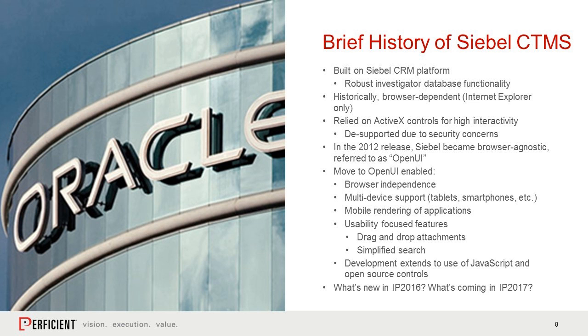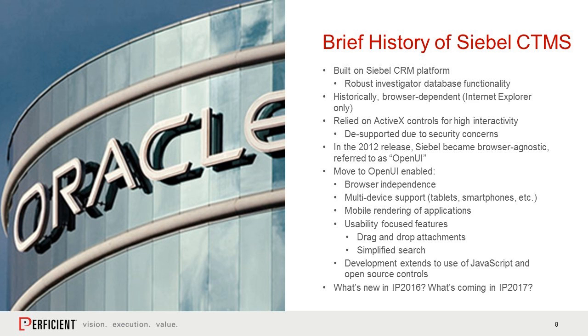This also allowed development to extend to the use of JavaScript, and open source controls could be incorporated in the Siebel application. So if you're using some standard JavaScripts or standard website controls within your corporate website, for example, some of those can be reused and incorporated into your Siebel applications as well.